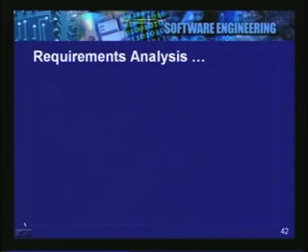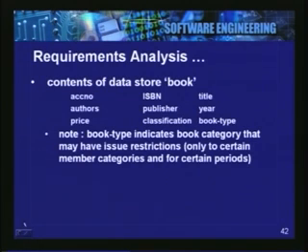So if you recall, last time we had studied the contents of the data store called book, which is one of the core data stores which contains data about all the books available in the library. We then noted that accession number is an important key attribute for this data store, and the book type is also an important attribute because book type will decide what kind of users can borrow this book.